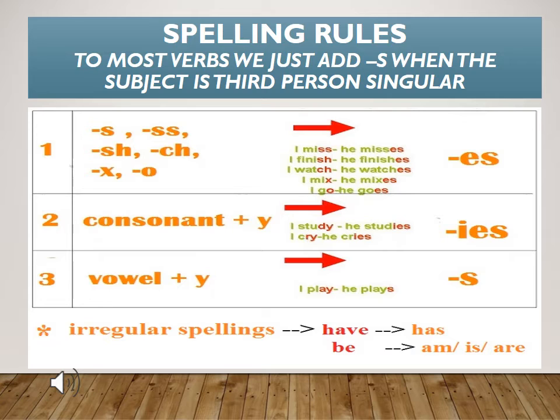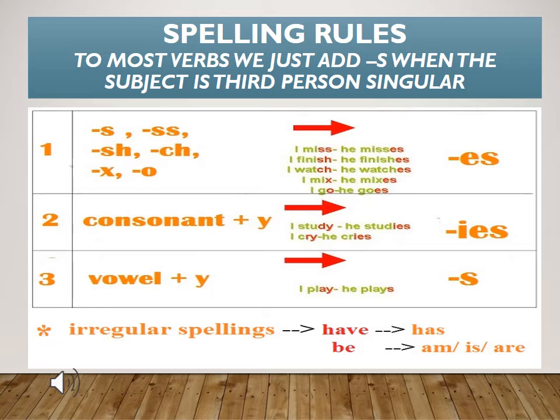Now, if your word ends in consonant plus y, just like study, we will change it according to the rule. And the rule is, if your verb ends in consonant plus y, you just remove y from the verb and add ies.